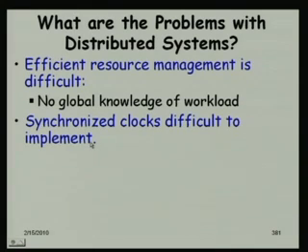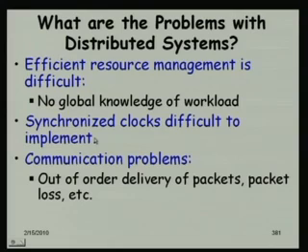Another problem is that in a uniprocessor or in a multiprocessor, the clock is one, but here each node will have its own clock, and synchronizing them is difficult. We will see the problems in clock synchronization. And then also a distributed system needs to address the communication problems.